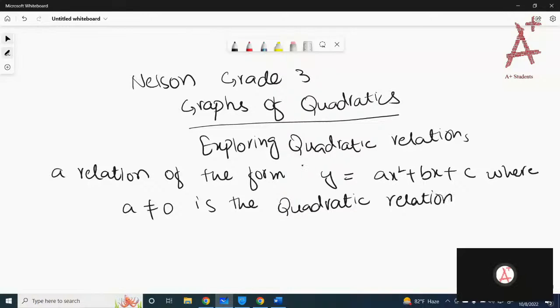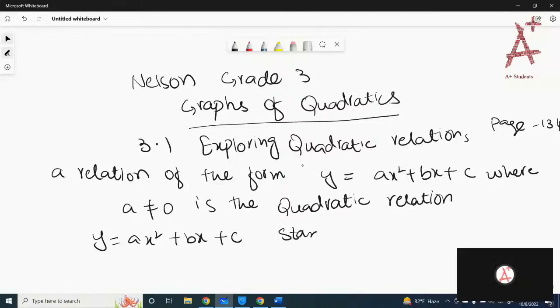You can find it in the book on 3.1, page 134. Got it? Find the Nelson book, go to chapter 3, and I'm going to start with page 134. So basically, the equation y equals ax squared plus bx plus c is a quadratic relation in standard form.